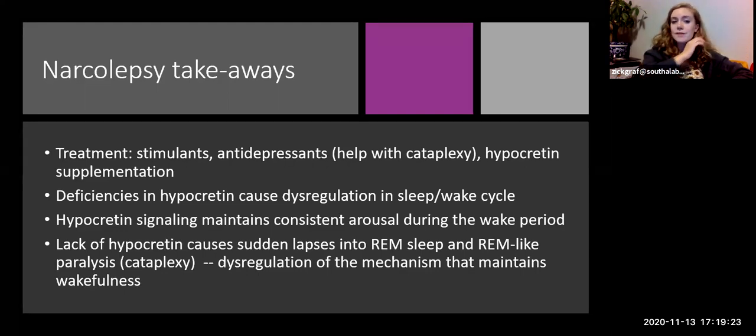A lack of hypocretin, similar to the permissive hypothesis of serotonin, where steady serotonin signaling helps to regulate fluctuations in dopamine and noradrenaline signaling, steady hypocretin signaling helps to regulate fluctuations in other neurotransmitters and hormones that can cause sleep. So it can cause sleep onset, and that can cause things like cataplexy, the paralysis that should be happening during REM sleep.